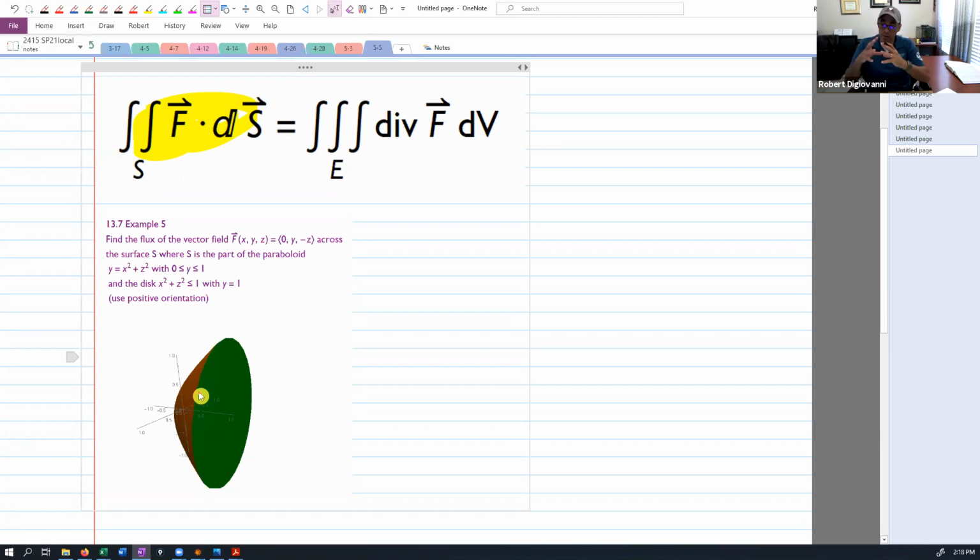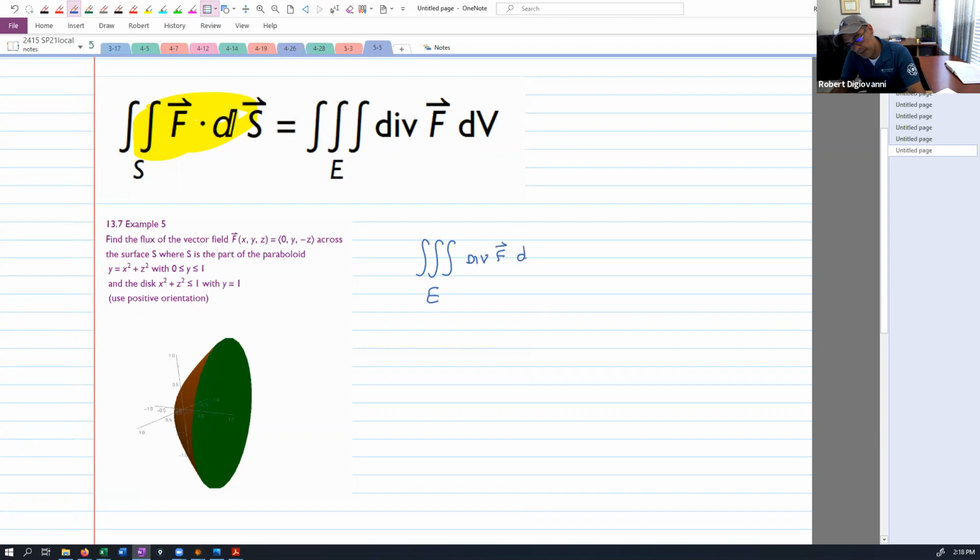So that surface together, S1 and S2, do enclose a solid, don't they? The solid they enclose is inside this thing. So we're going to try and see if the divergence theorem helps us. We're going to try and do the triple integral over E of the div of F dV and hope things get better. So in order to do this, we have to know the div of F.